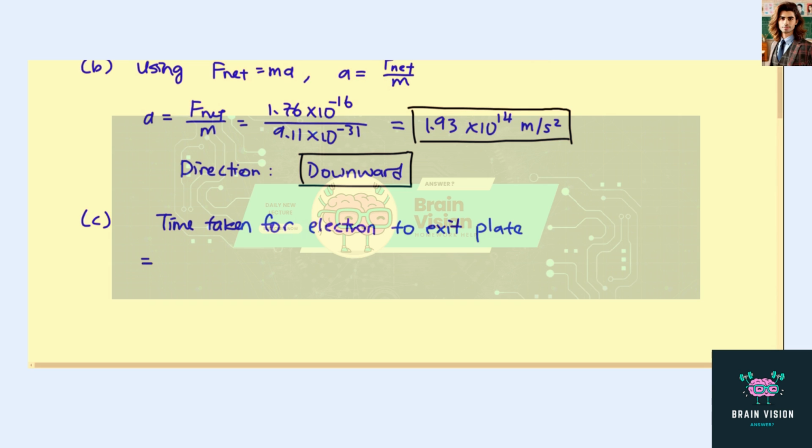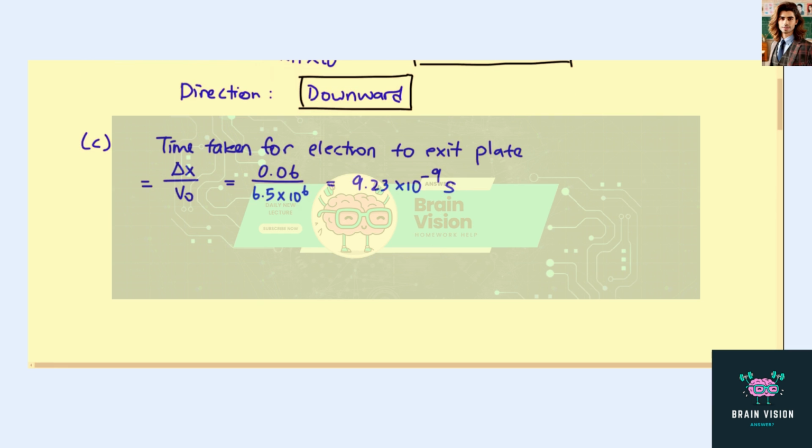So this is the horizontal displacement divided by V naught. You get 0.06, which is 6 cm, divided by 6.5 times 10 to the 6, and you get 9.23 times 10 to the negative 9 seconds. So this is the time for the electron to exit the plate.